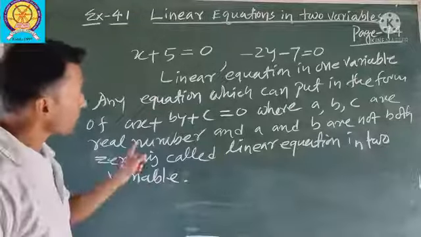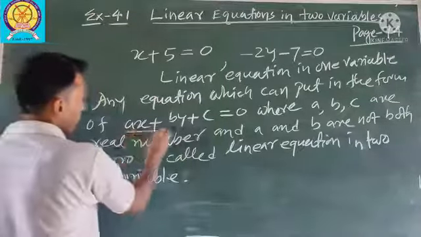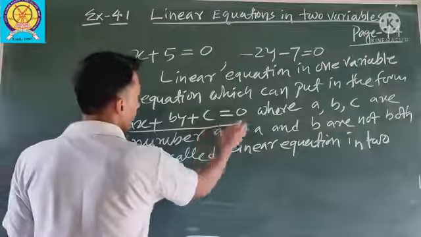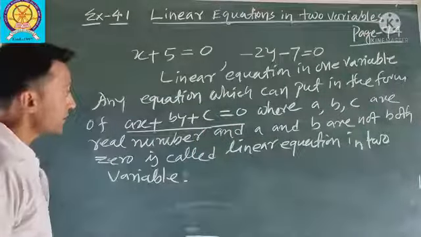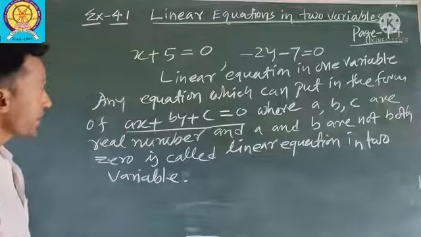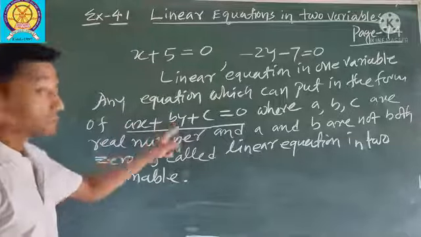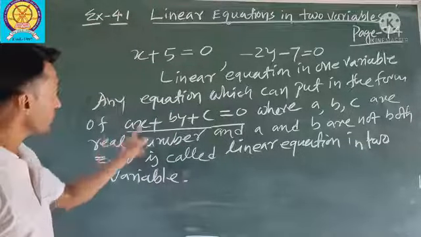So linear equation in two variable in the form what? ax plus by plus c is equal to 0, where a, b, c are real numbers and a and b should not be 0. Okay, you keep in mind.